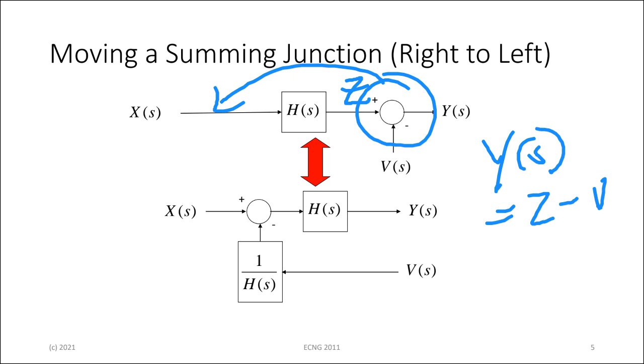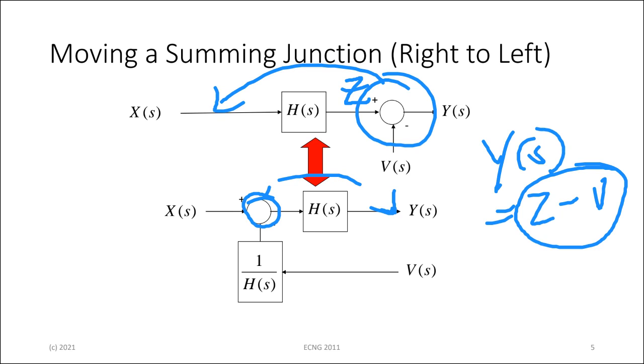If I take this entire block and move it here, X is still going through, so Y at this point in time will still be getting the X·Hs part. That is fine, but we still have to find a way of getting this bit in.